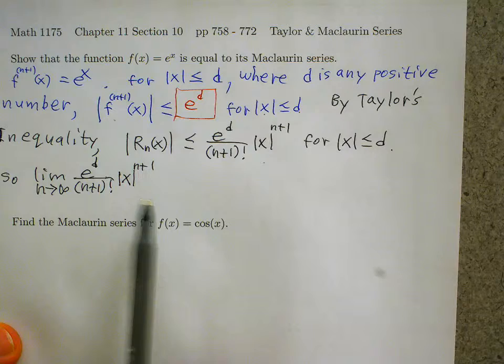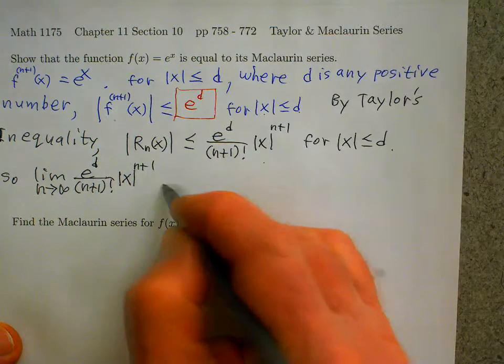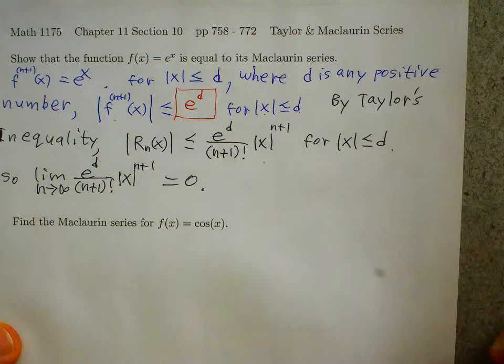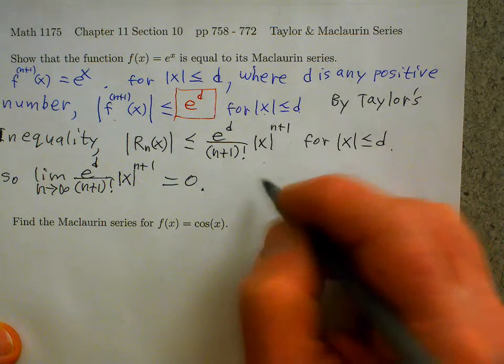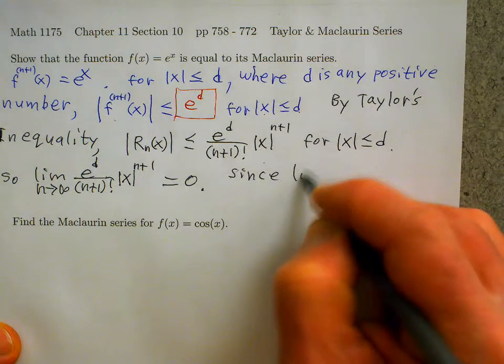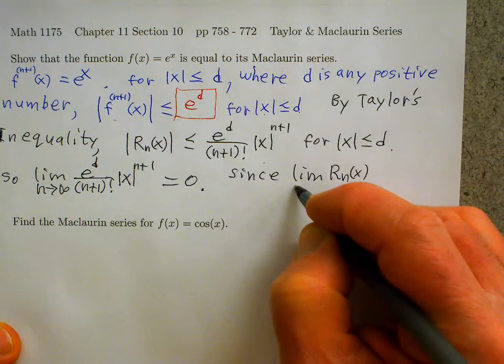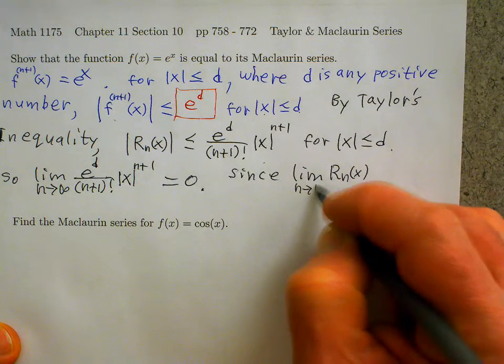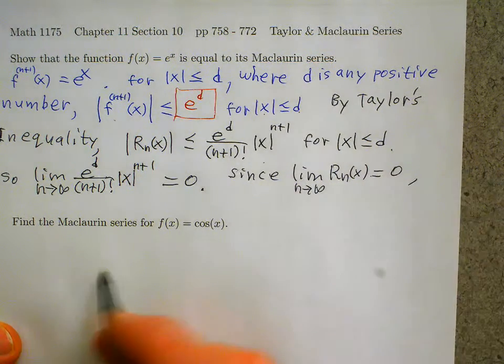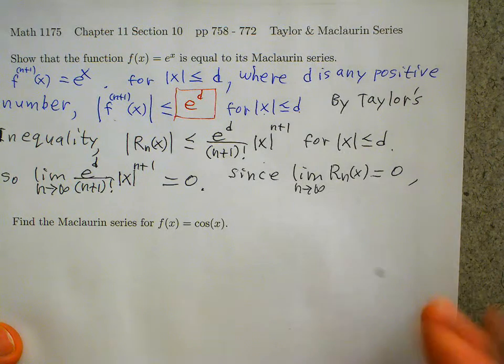Well, for each fixed value of x, this limit is 0. Okay, so since the limit of r sub n of x is 0, we conclude that e to the x is equal to its Maclaurin series.